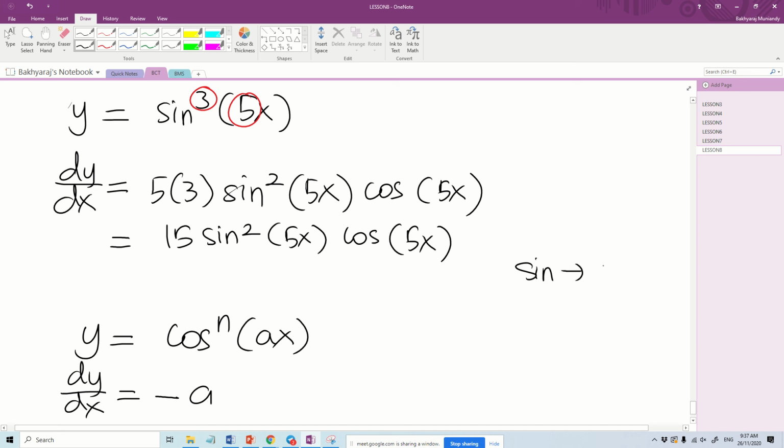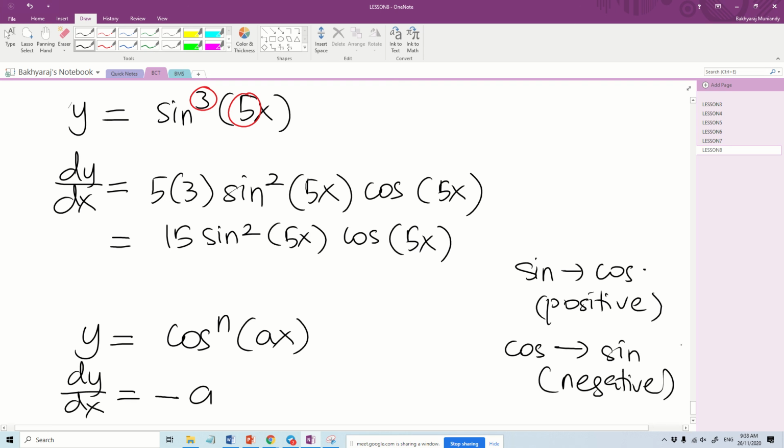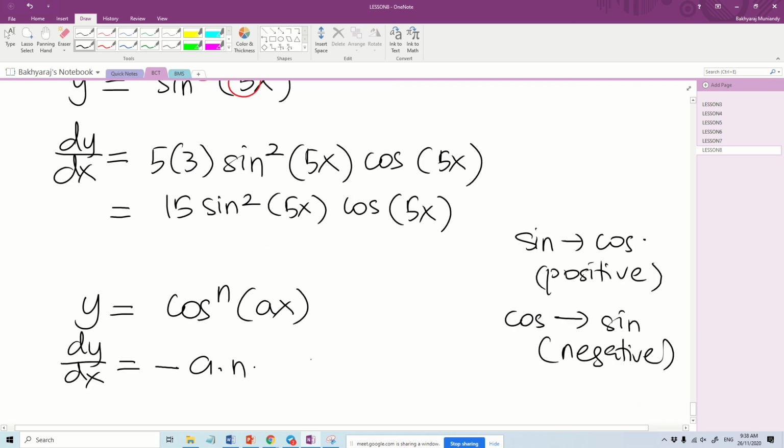Okay, sin dia pergi cos positif, ini positif. Lepas tu cos pergi sin, dia akan jadi negatif. Remember this, ini mesti kena ingat. Cos mesti kena dapat negatif. So you dapat negatif a kali dengan n, and then cos^(n-1)(ax), and then cos differentiate kena dapat sin. So sin ax.